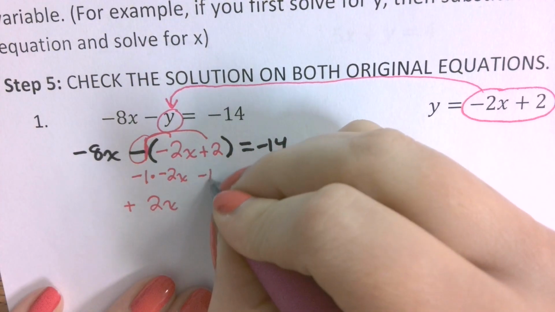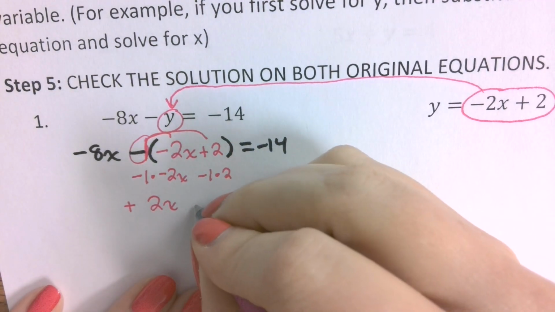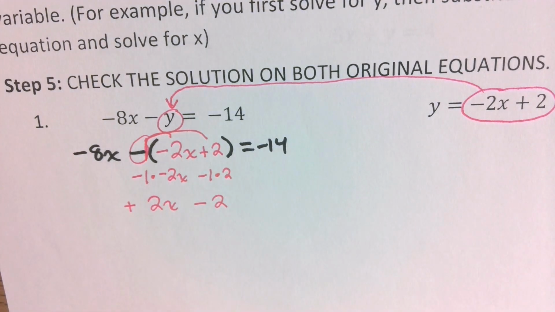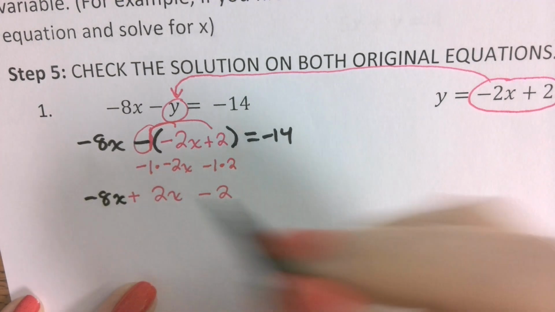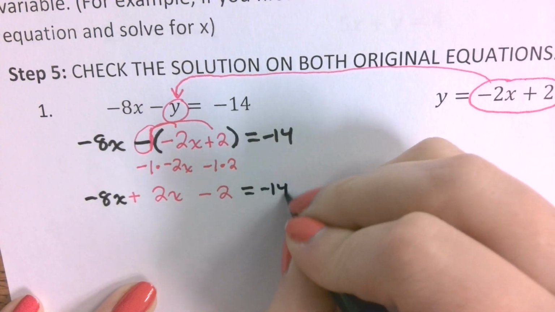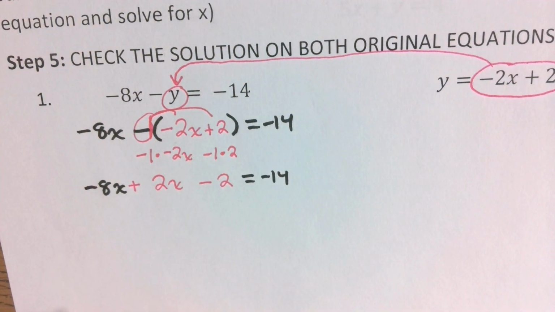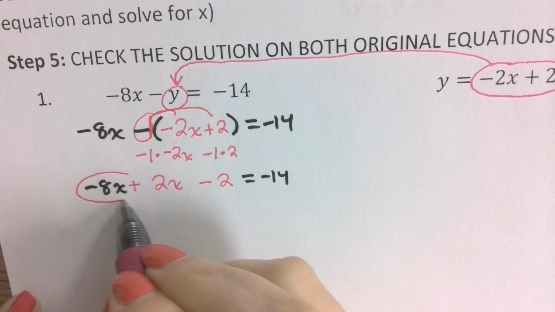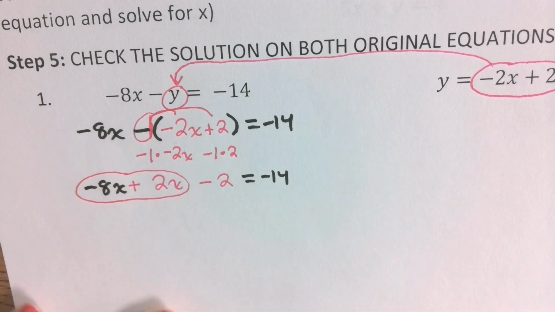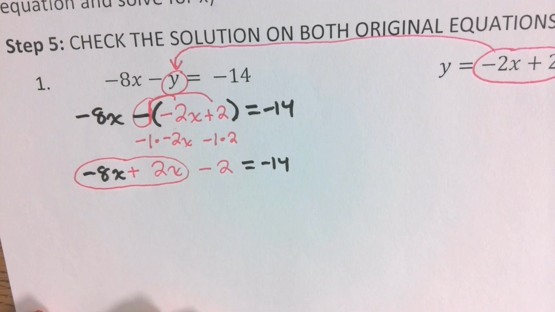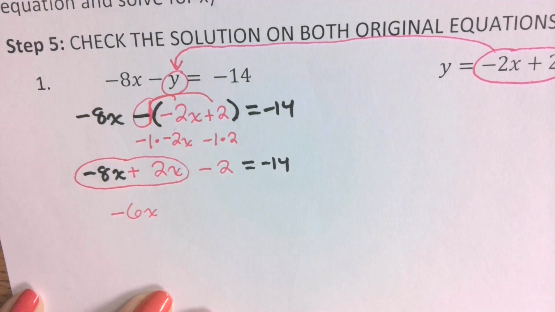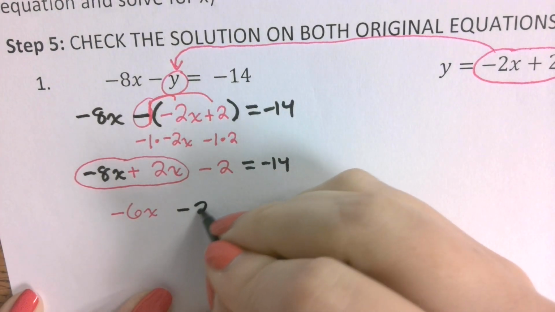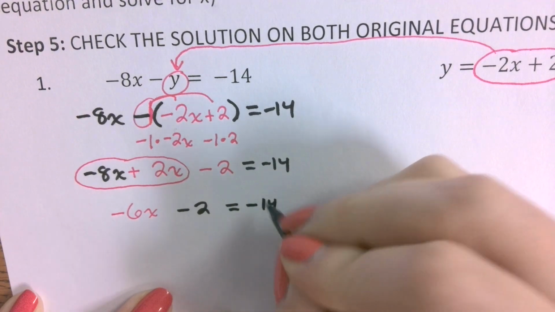Then a negative 1 times a positive 2 is going to come out to a negative 2. So I still have this negative 8x, and on the other side I still have equals negative 14. Now I can combine my like terms. My like terms that I can combine are right here, negative 8x plus 2x. What's negative 8x plus 2x? Negative 6x. Good. We still have this minus 2 is equal to negative 14.